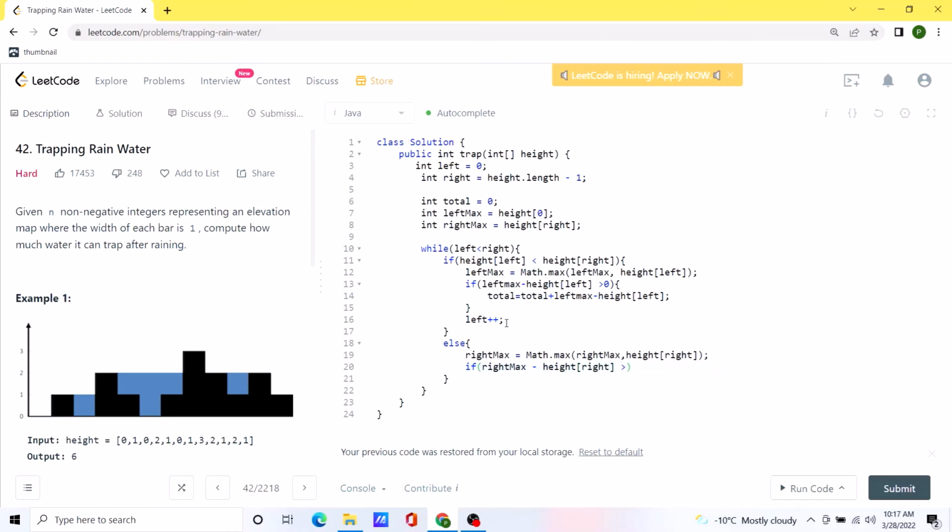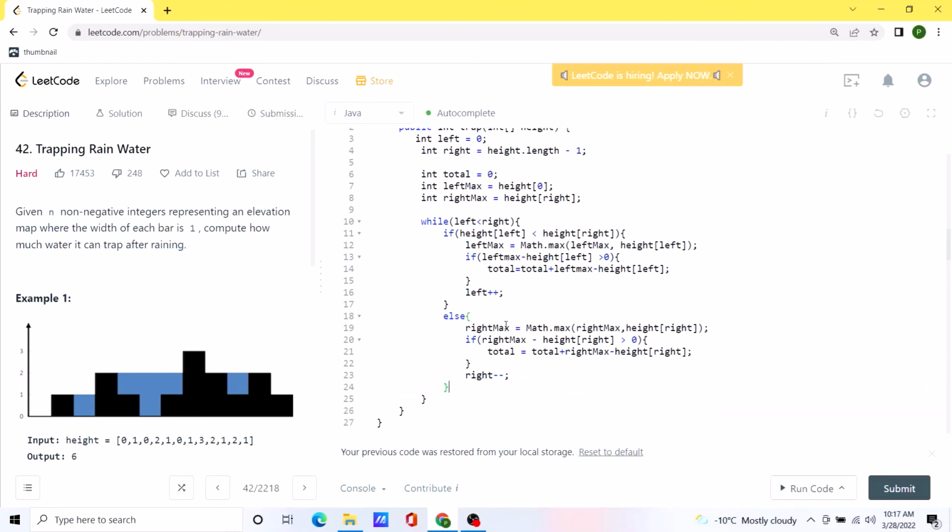If this is greater than 0, then we can update the total rainwater. And once that is done, we will need to move the right pointer towards the left direction.